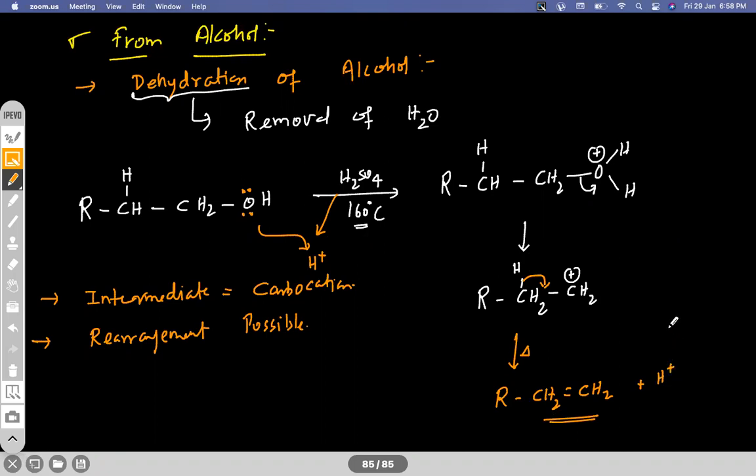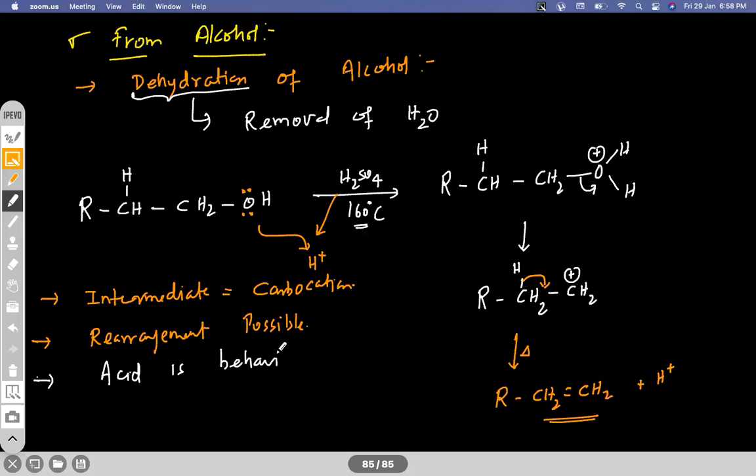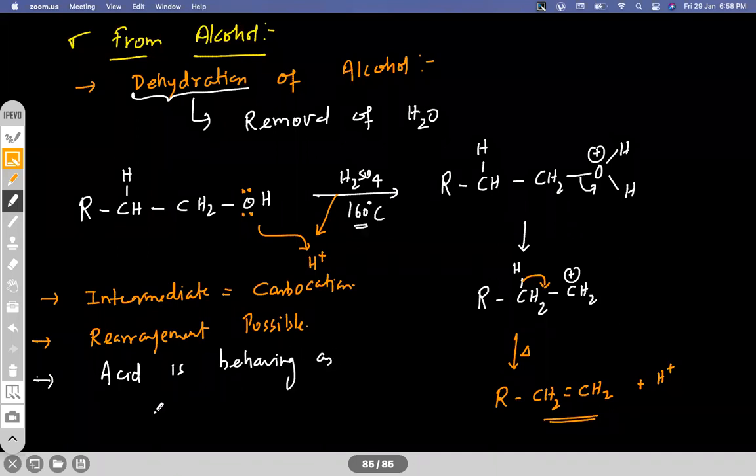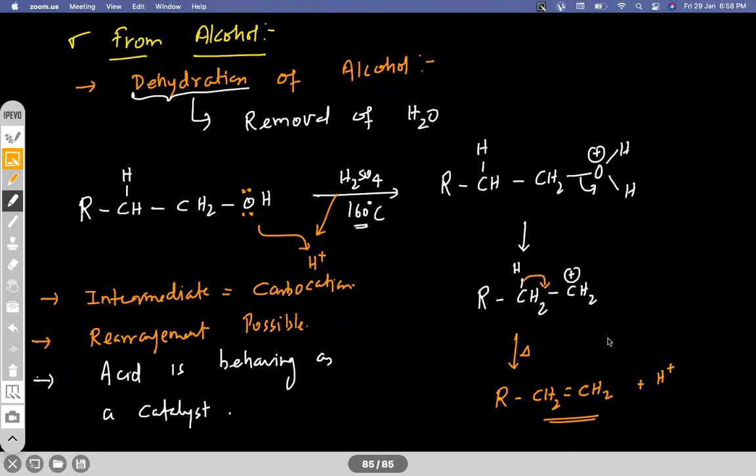So there is no net consumption of H plus, and we say acid is behaving as a catalyst, and hence this reaction is also called an acid catalyzed reaction.